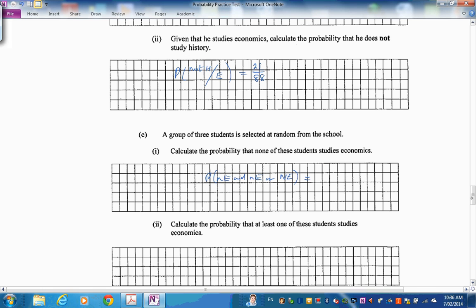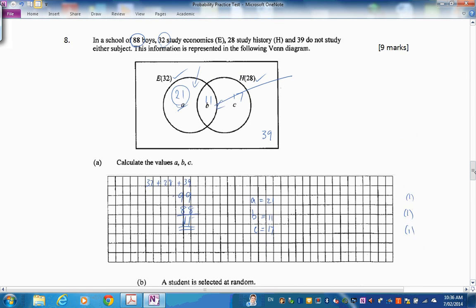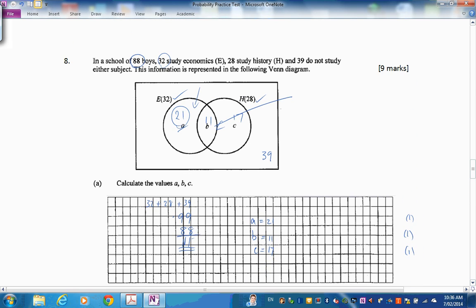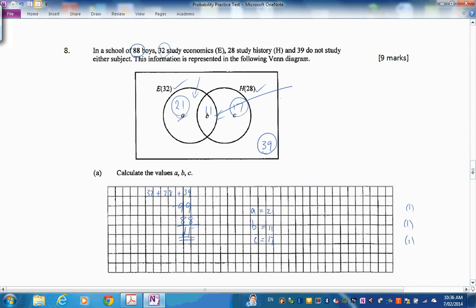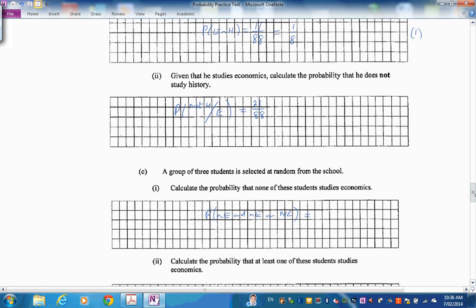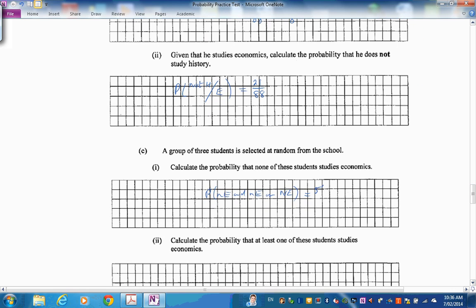How many have we got to start with? Not economics, go back up here. What is there? 56. These here, 17 and those, don't study economics. So if we chose the first one, it would be 56 out of 88, and then there would be 55 left out of 87, and then 54 out of 86.